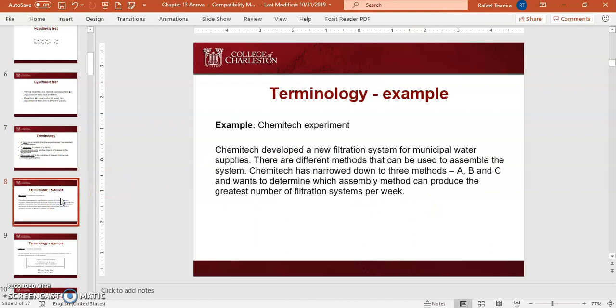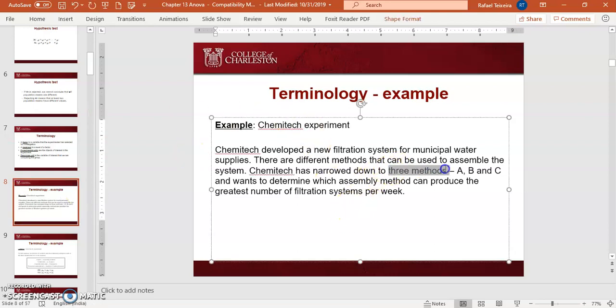Let's take a look at one example. The Chemitech experiment. Chemitech is a company developing a new filtration system for municipal water supplies. There are different methods that can be used to assemble the system. Chemitech has narrowed it down to three methods, A, B, and C, and wants to determine which assembly method can produce the greatest number of filtration systems per week. So we have three methods.